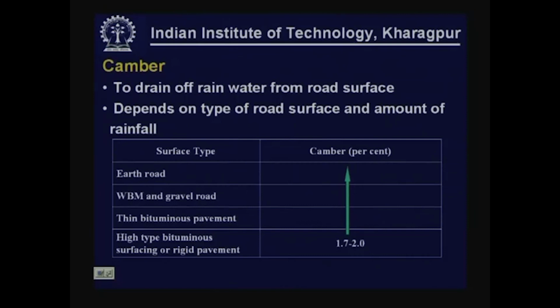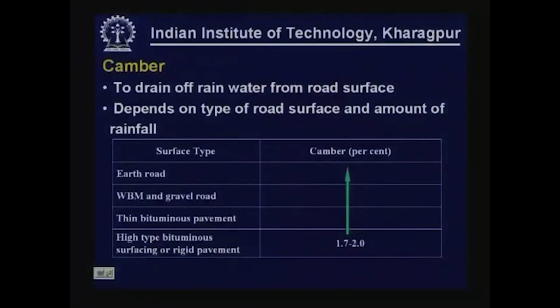The next element is camber. You might have observed that the carriageway or the black top portion of the road is not really flat. There is a transverse slope which is provided, and that transverse slope is known as camber. Why do we provide this transverse slope or camber?